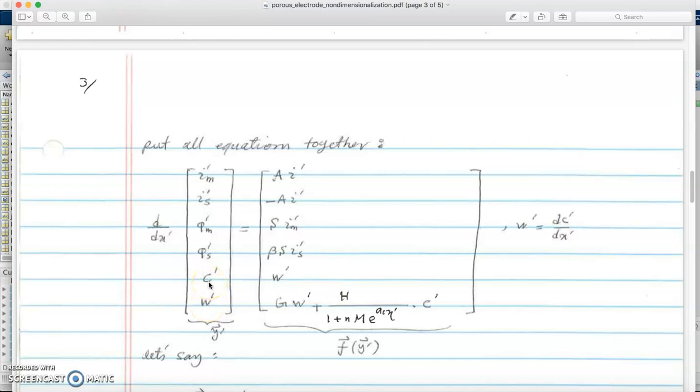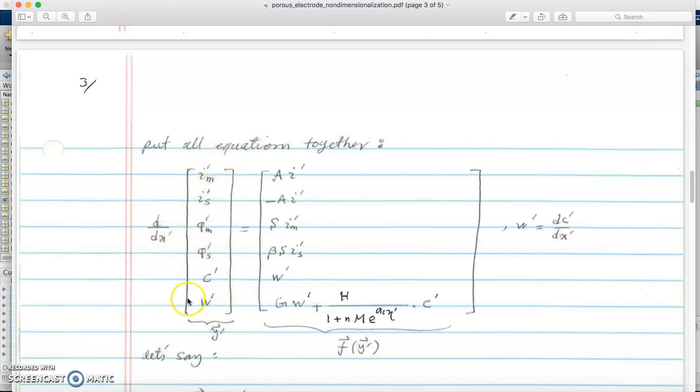So this second order differential equation for this whole problem turned out to be a first order system of nonlinear differential equations, where we have these 5 parameters: 2 are currents, 2 are potentials, and 1 is concentration, and the last one is the derivative of the concentration.